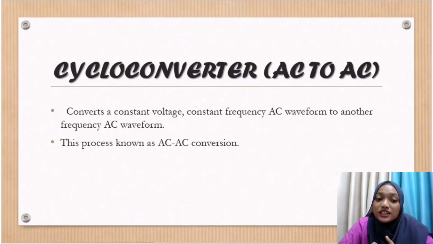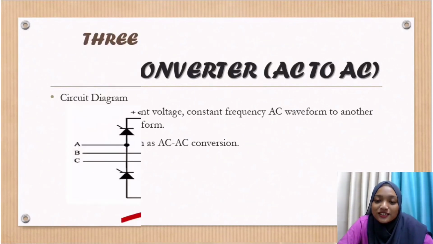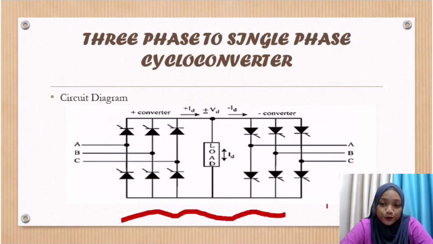The advantage of the cycloconverter is direct frequency conversion. There are two types: first, the single-phase to single-phase cycloconverter, and second, the three-phase to single-phase cycloconverter. Our group chose the three-phase to single-phase cycloconverter.